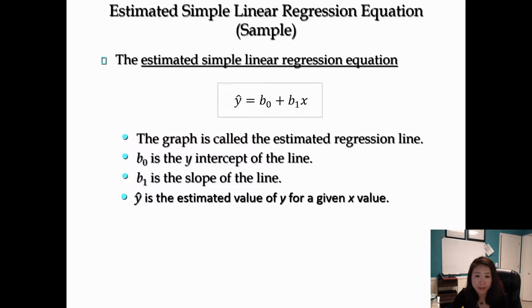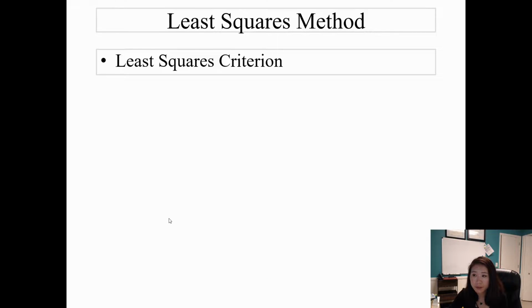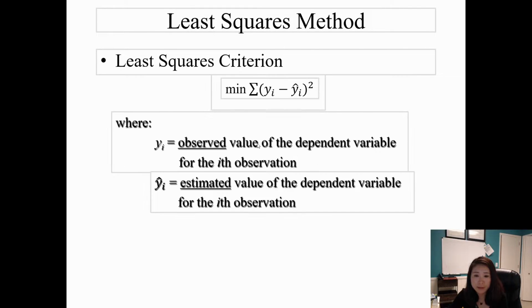B0 plus B1x. And the method we're using to estimate this model, B0 and B1, is called the least square method. I want to show you what the least square method is. Y is the real observation, and yi hat is the estimated observation.